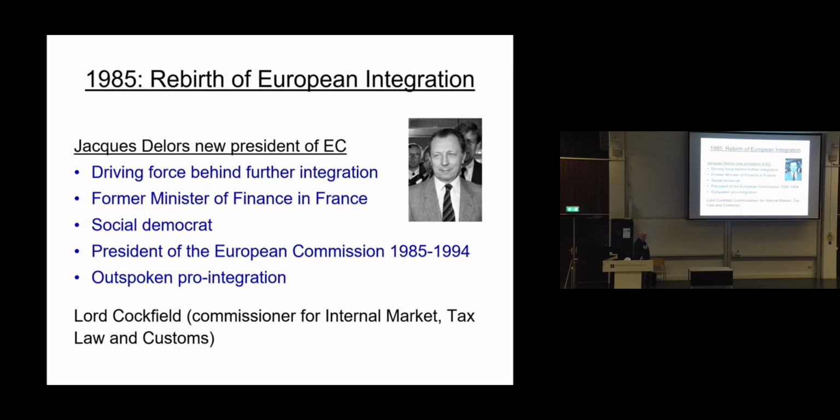There was a revival of the European integration process, and the most important figure in that process, without a doubt, was Jacques Delors. And if you ask me, I think he was by far the most important politician in European modern history.